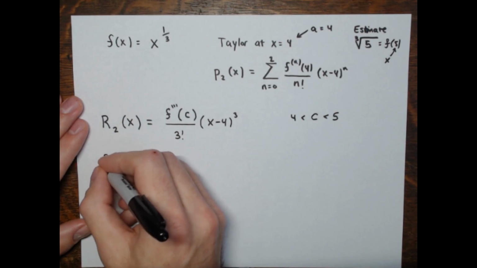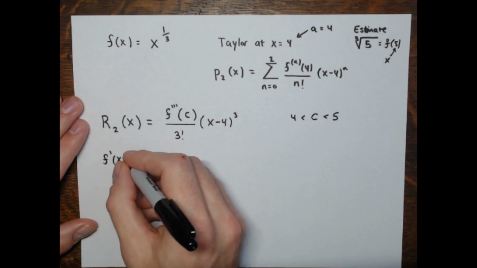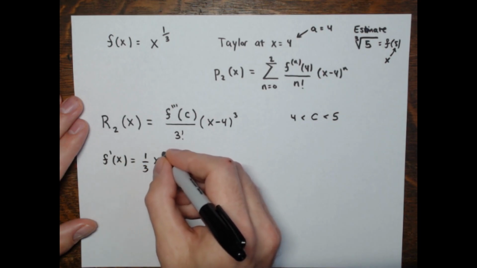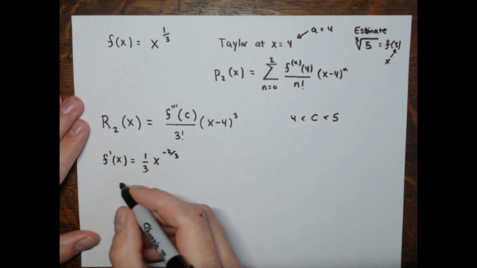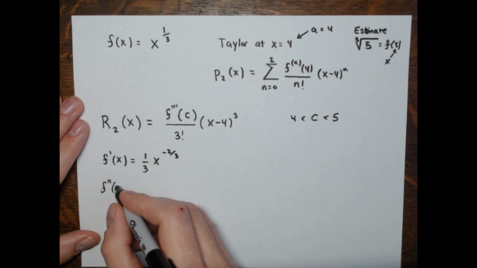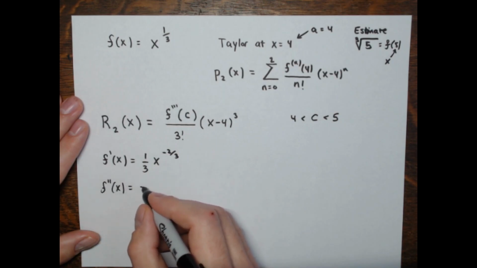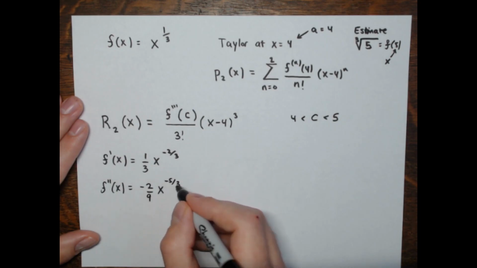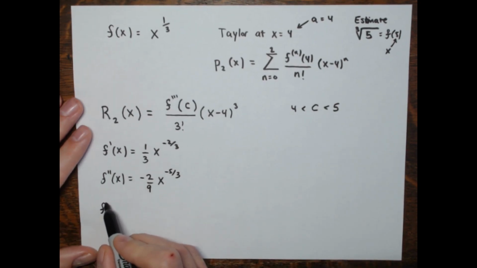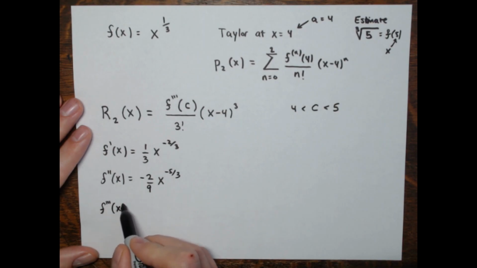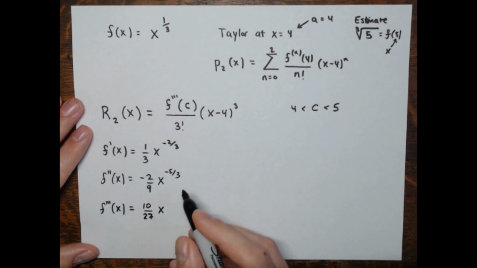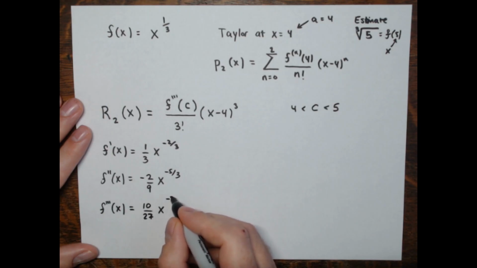Right, so first derivative, I'm just using the power rule a bunch. It'd be 1/3 times x to the negative 2/3. The second derivative would be negative 2/9 times x to the negative 5/3. And then the third derivative would be positive 10/27 times x to the negative 8/3.